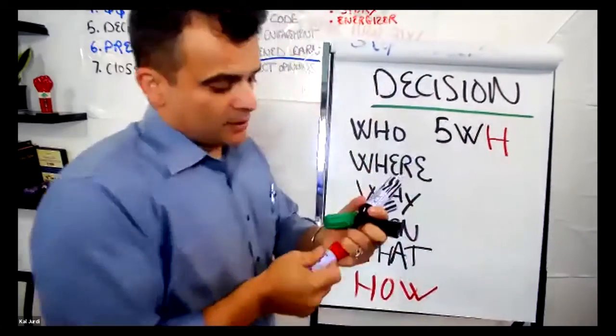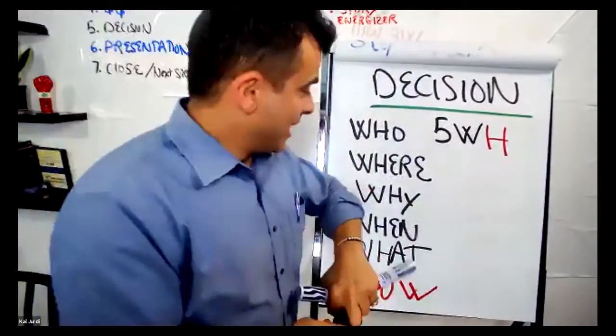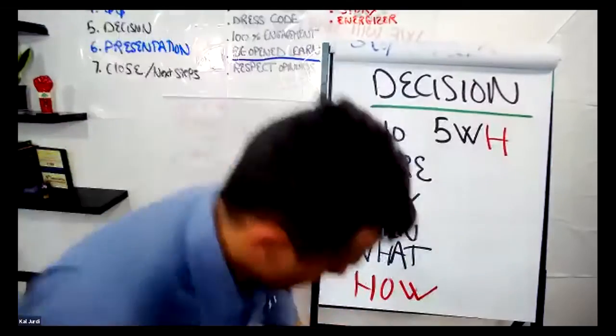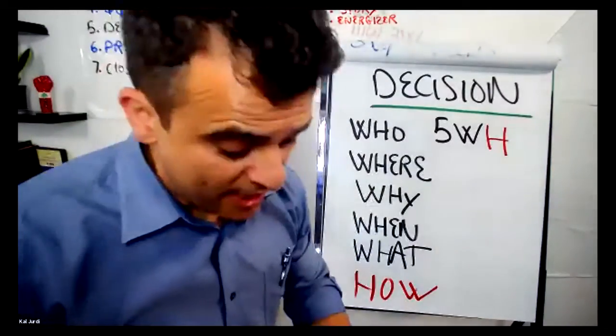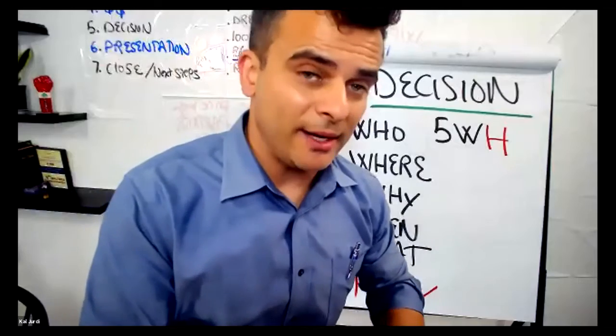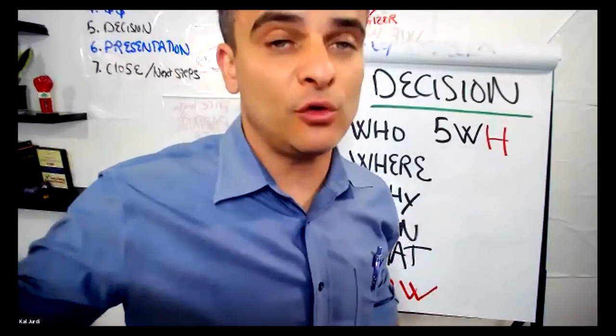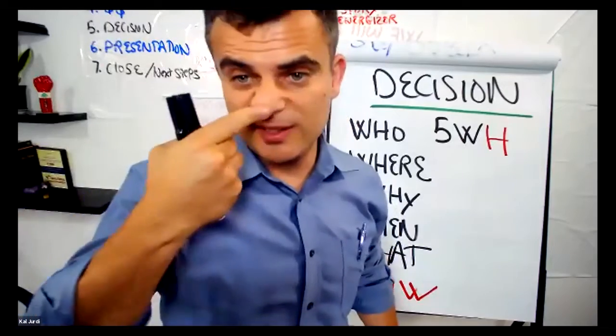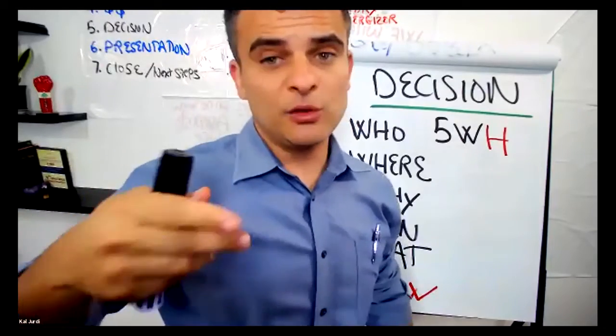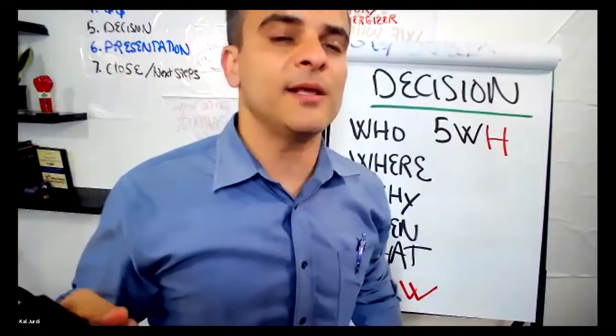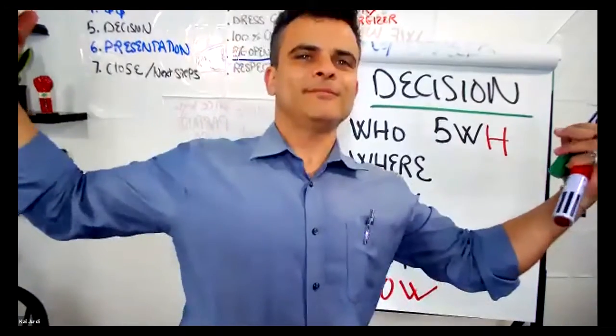Okay. So basically, you want to ask who. When you ask who, you don't ask who is the decision maker. Why? Because you risk making that person feel not okay. Let's say you're talking to Hussein, and you ask him who's the decision maker. What is he going to say?